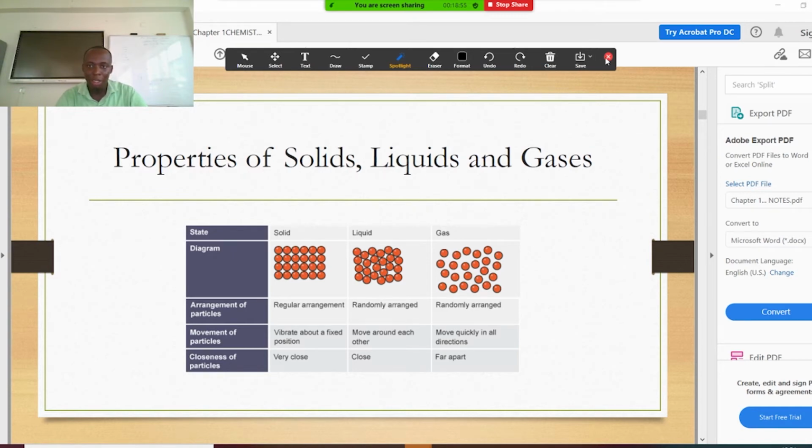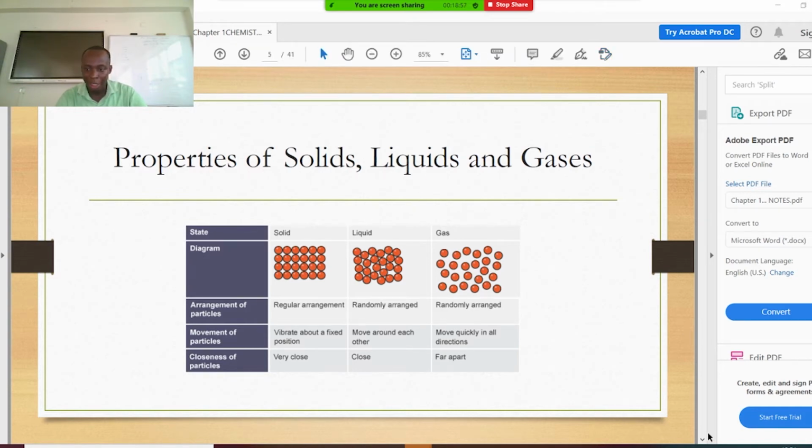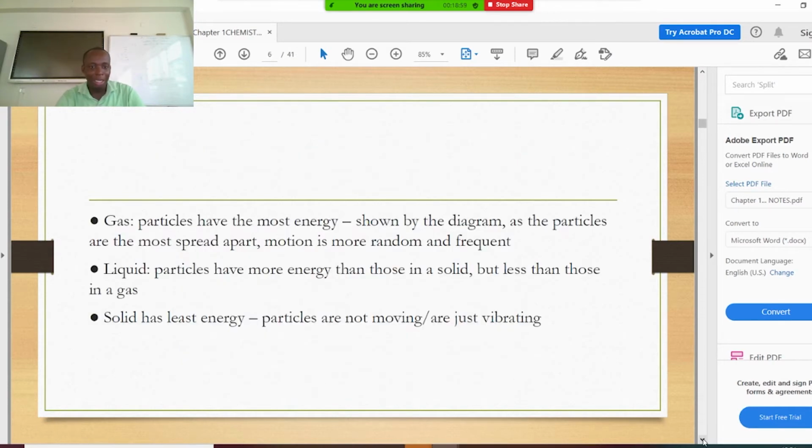Please kindly take note of that. In terms of their kinetic energy, gases have the most kinetic energy, followed by liquids, and then solids have the least energy. That is why they don't move, but they just vibrate.